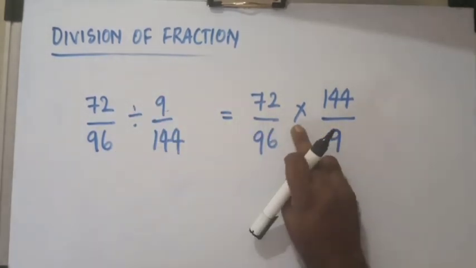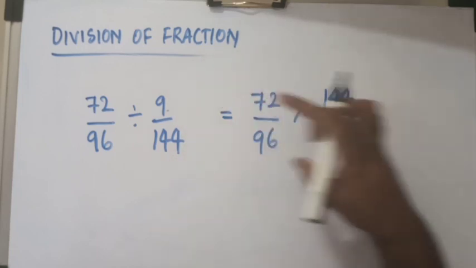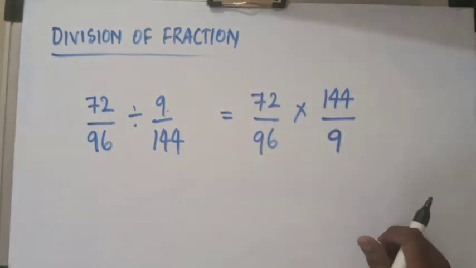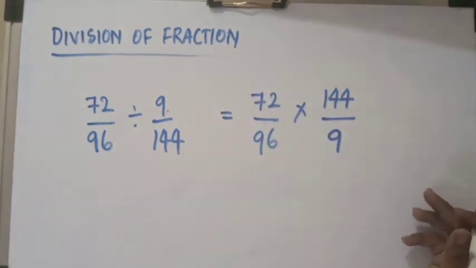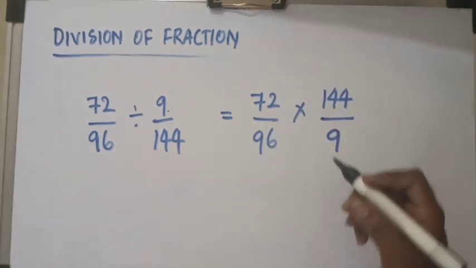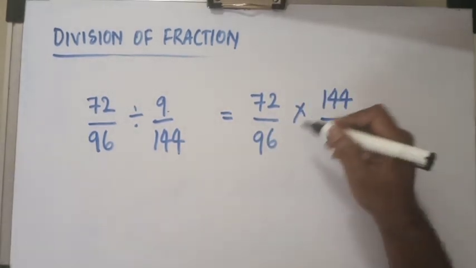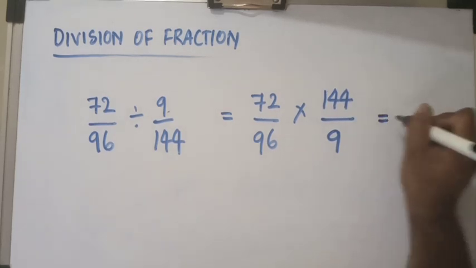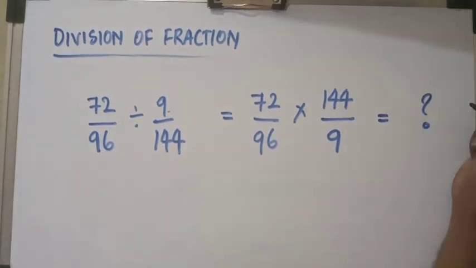The next fraction becomes its inverse. And now you can directly cancel out the terms. You can see which table it goes in, and when you cancel it out, you get the resultant answer.